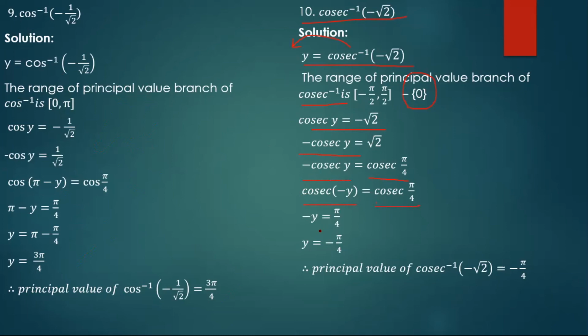Cosec goes, so we have minus y equal to pi by 4. This one moves this side. We never write a variable as negative. Always we put that negative to the values. So y equal to negative pi by 4. Therefore, the principal value of cosec inverse negative root 2 equal to negative pi by 4.